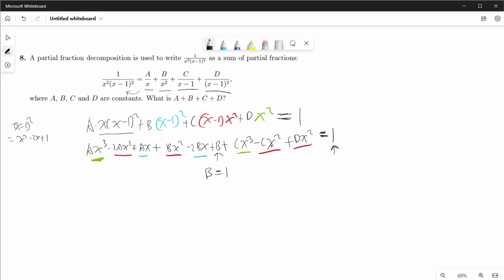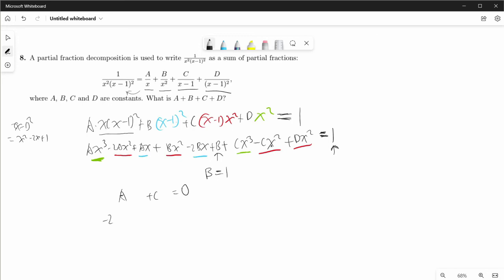What I mean by that is, right, Ax cubed plus Cx cubed equal to 0 x to the third. And then we can just erase all the x cubed out. So we have A plus C equal to 0. And similarly, we have all the red x squares.